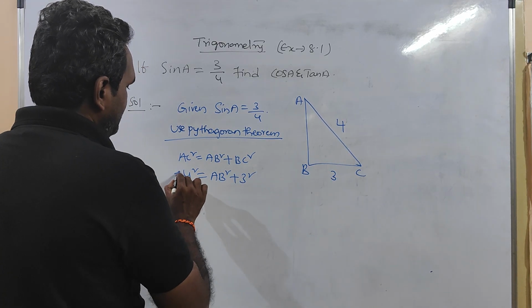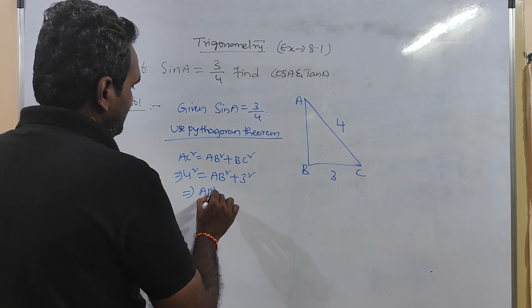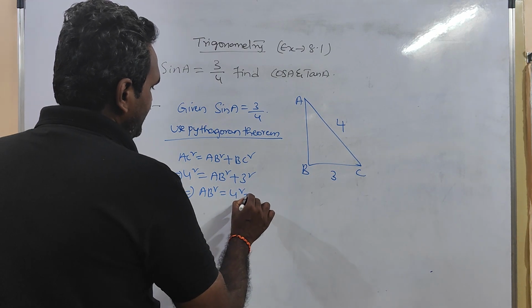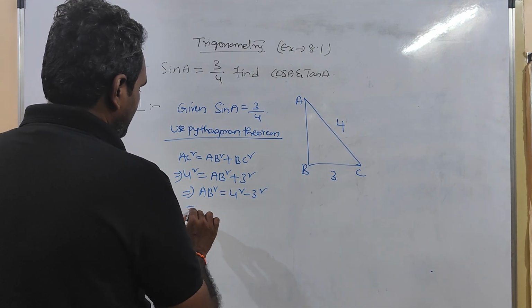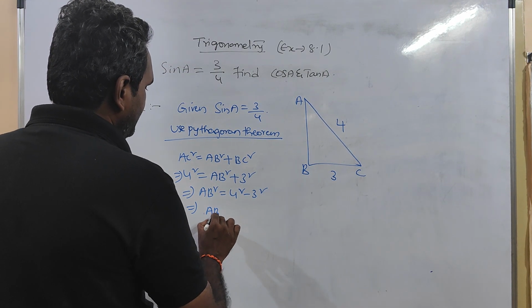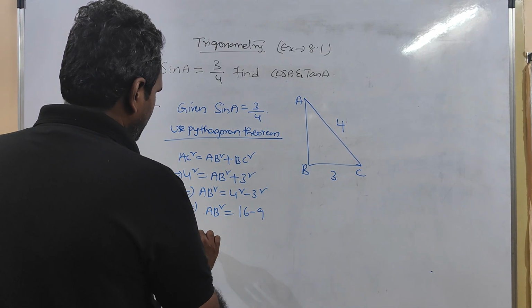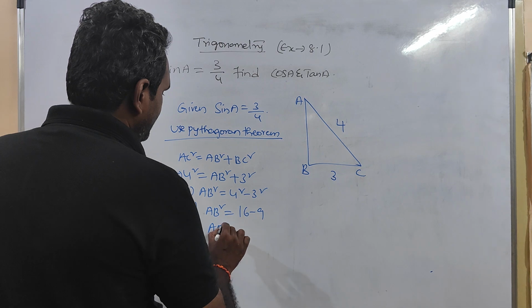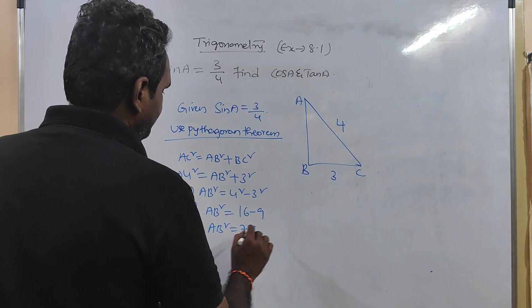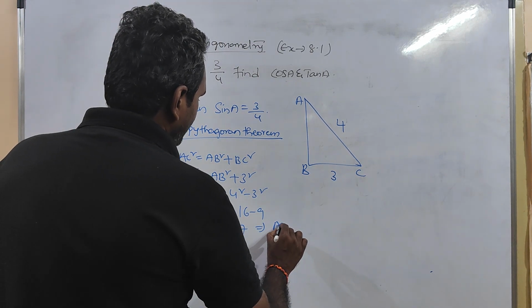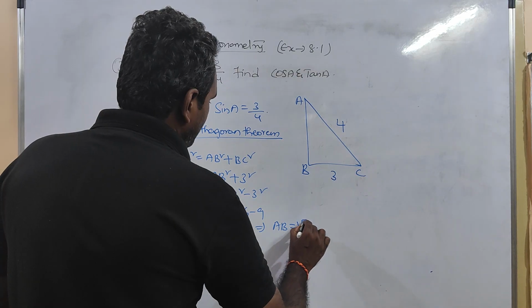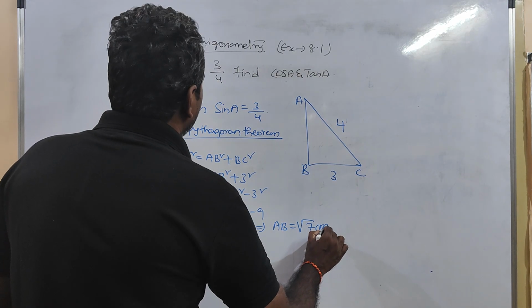This implies AB square is equal to 4 square minus 3 square, that is 16 minus 9. So AB square is equal to 7. This implies AB is equal to root 7 centimeter.